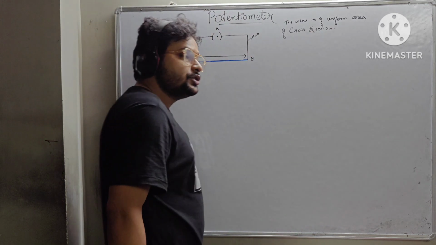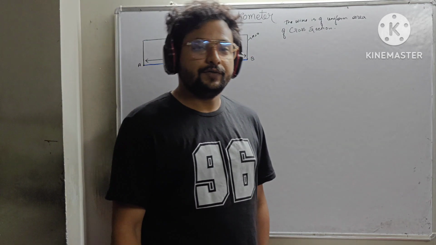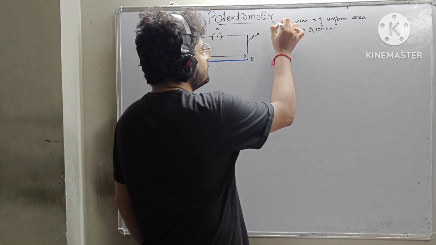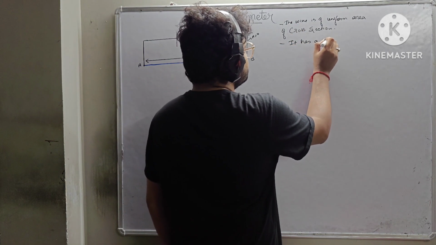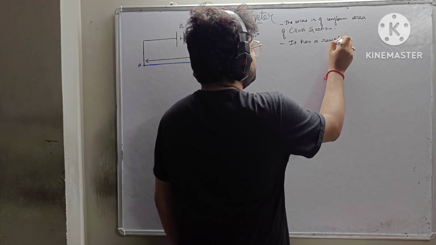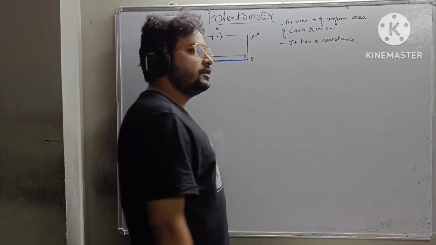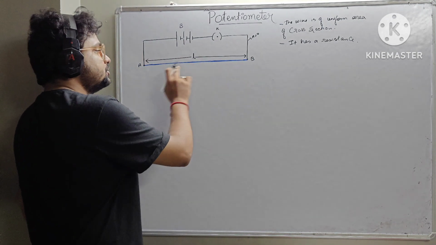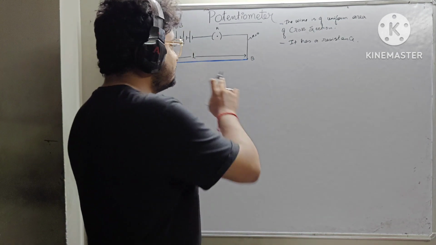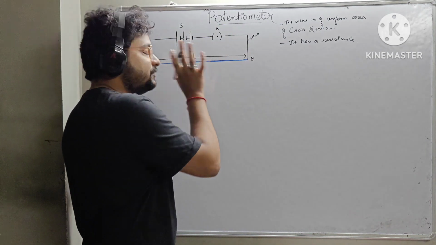The wire is of uniform area of cross section. Fine, and the wire has a resistance. It is not copper, so this particular wire has a resistance. That's why I have drawn this wire with blue color, so that you can understand this is a different wire.